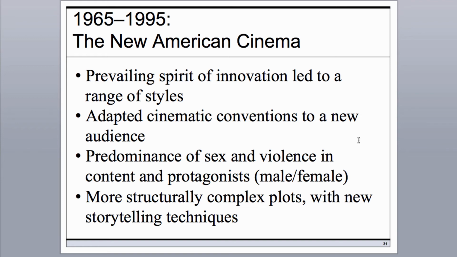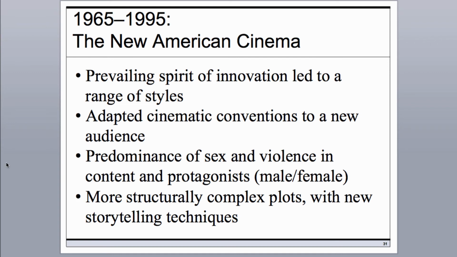Now, new American cinema is very significant to us because of how we start to change in cinema from the mid-1960s on. We see very innovative and different ranges in styles. They adapt cinematic conventions that are new to the audience, all because of television's dominance.